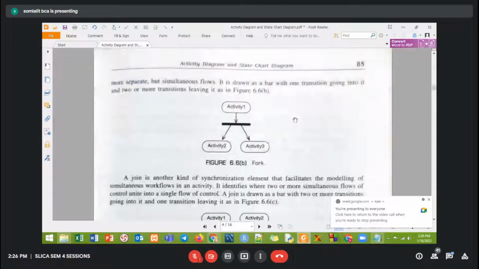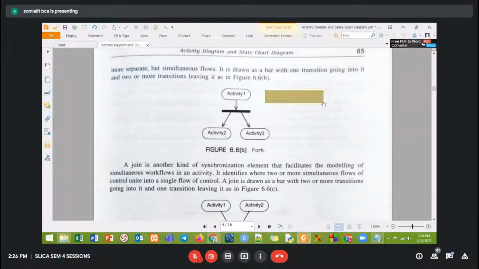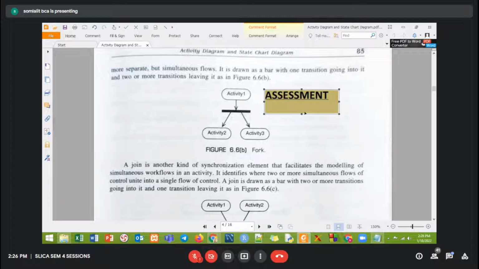You can have one activity divided into two activities. For an example, assessment. Suppose assessment is an activity. Now the assessment activity can be divided into further two activities.